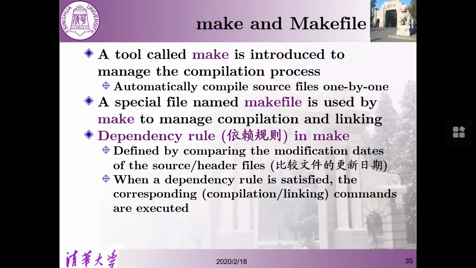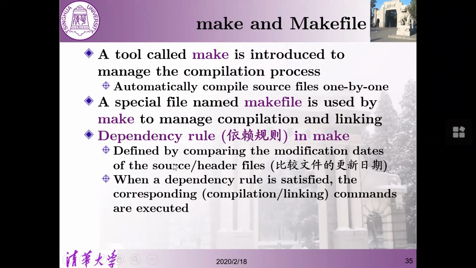So for Make, there is a special file named Makefile, and it is used by the Make tool to manage the compilation. A very critical idea in a Makefile is the dependency rule. It is defined by comparing the modification dates.